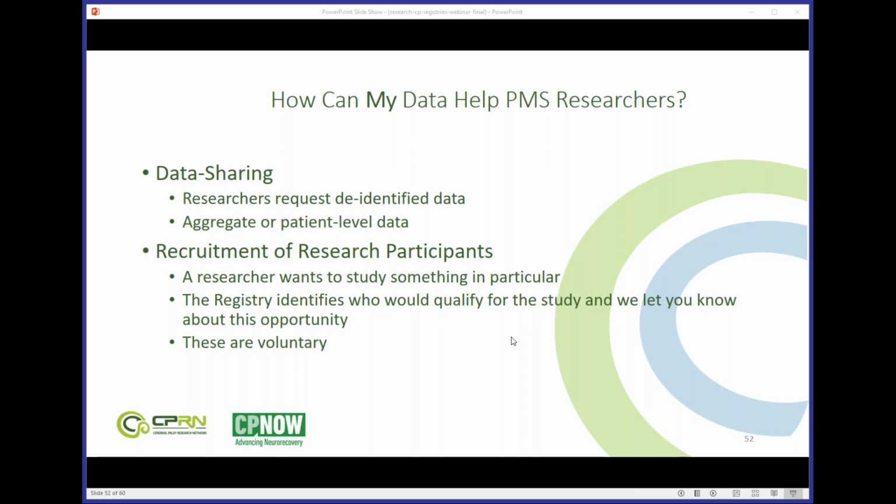less specific. We've been very successful with using the registry for recruitment. A doctor might contact us and say, I'm interested in the kids that are having ear infections and symptoms of bipolar. Well, that's really specific, and we don't want to bother all 1,000 people that answered the question.